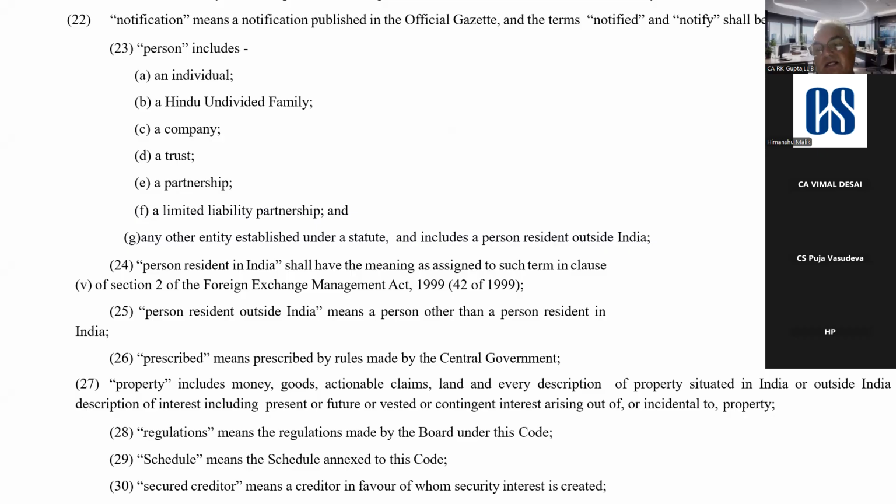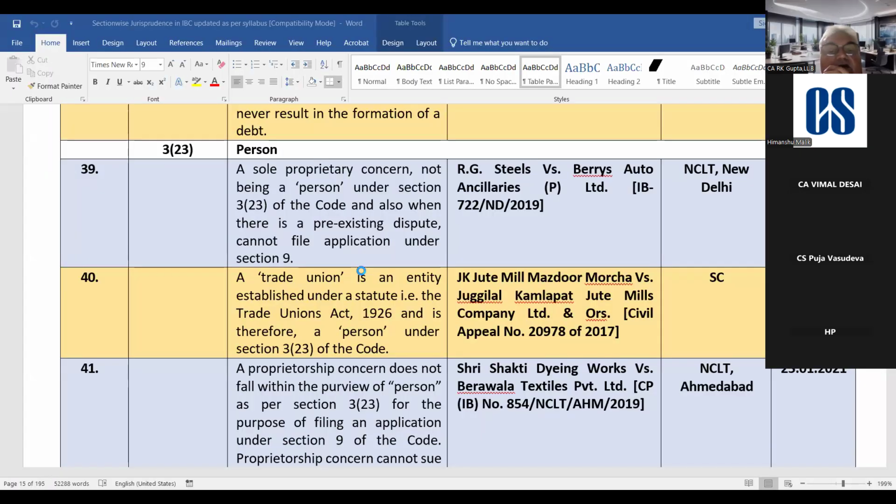Now suppose there is a proprietary concern. Okay. Now proprietary concern is not written here. Okay? So is a proprietary concern a person? The answer is no. That is what it is trying to say. So in that case, the individual would come in as a person. Okay. Sole proprietary concern not being a person under section 3 subsection 23 and also when there is a pre-existing dispute cannot file application under section 9. Okay. A trade union is a person under section 3 subsection 23. Okay. A proprietary concern does not fall within the purview of person as per section 3 subsection 23 for the purpose of filing an application under section 9.